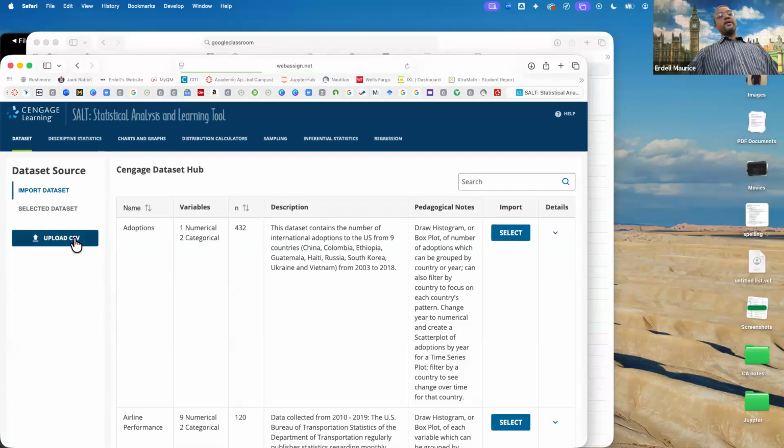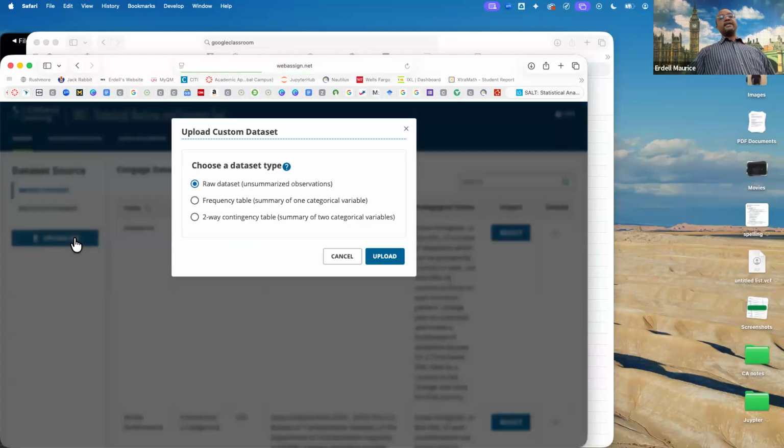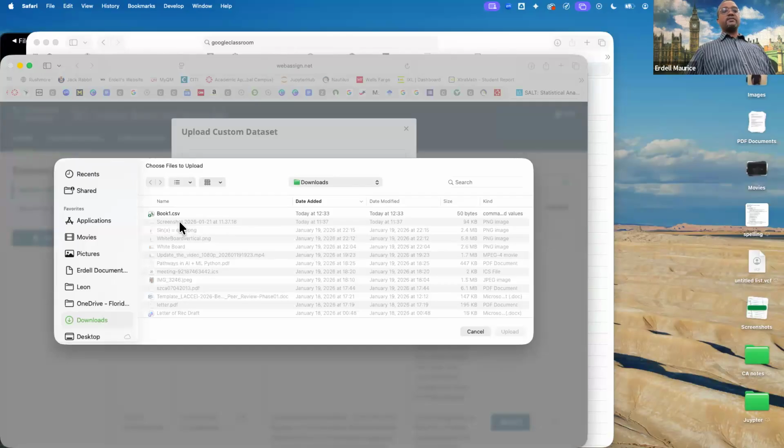You click here, upload CSV file, and this one is just raw data. If I had made it into a frequency table, remember how we made a frequency table, the classes and then the frequencies, you would upload it right here. We don't do two-way contingency tables here. So for raw data, you upload the raw data.